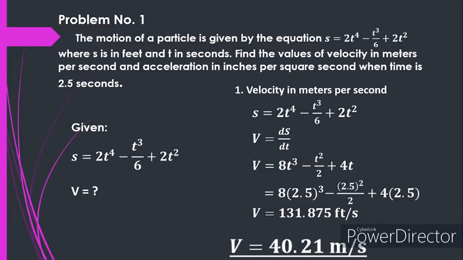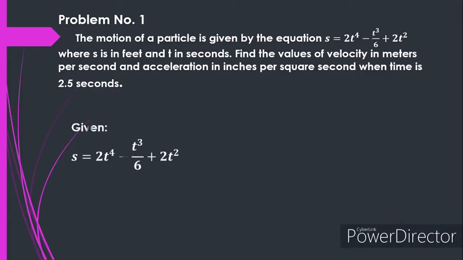For the next question, find the acceleration in inches per square second. We have the same given, and we have the velocity equation from the differentiation of distance equation natin. So, meron tayong v is equals to 8t cubed minus t squared over 2 plus 4t.